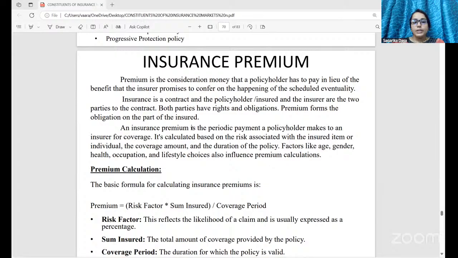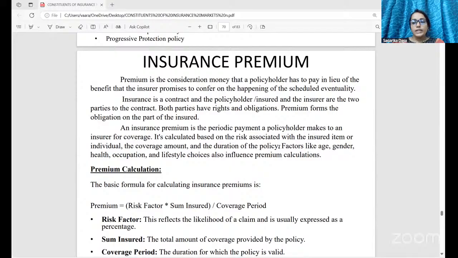An insurance premium is the periodic payment a policyholder makes to an insurer for coverage. It's calculated based on the risk associated with the insured item or individual, the coverage amount, and the duration of the policy. Now, premium calculation is another important factor which we can see.